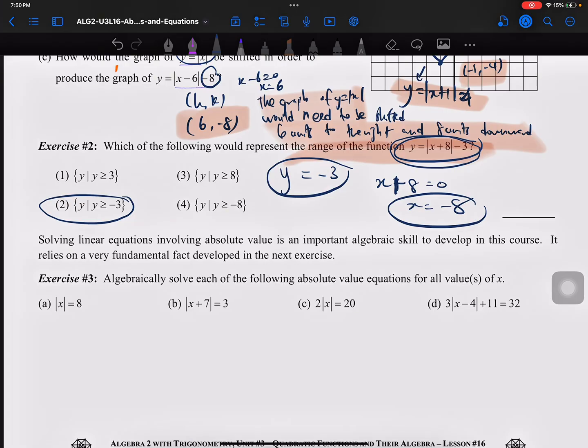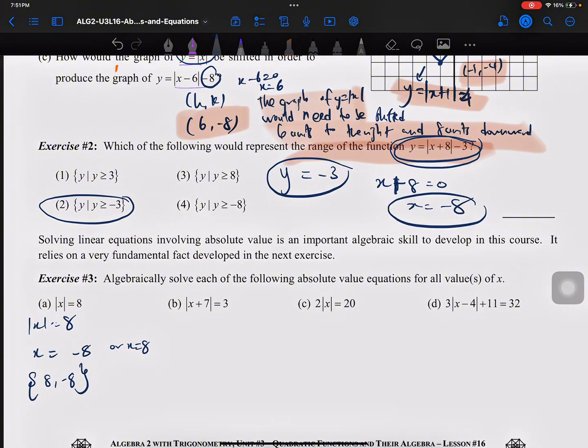So if absolute value of x equals 8, the absolute value is already isolated. Set up the two cases, which is x is minus 8 or x is 8. So the solution set will be 8, minus 8. Only numbers 8 units from 0 have absolute value 8.